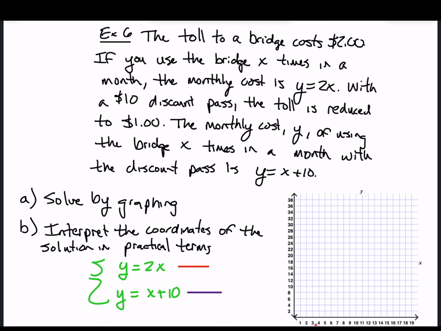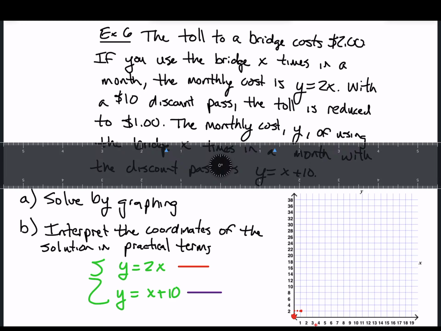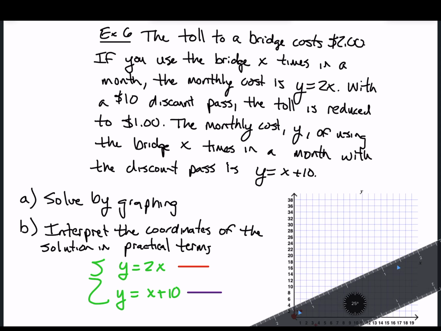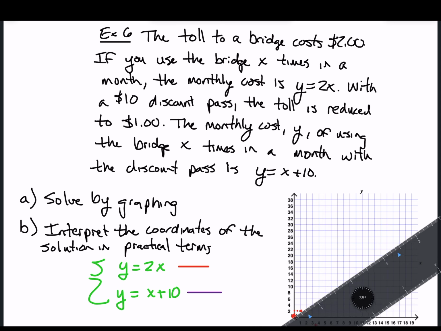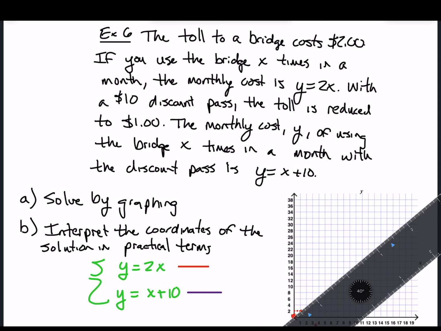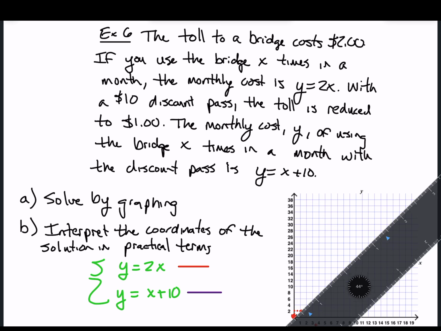Okay, so in red, 2x is the equation. There is no y-intercept, it's 0. And our rise is 2 for every 1. So that would be our line, there we go.